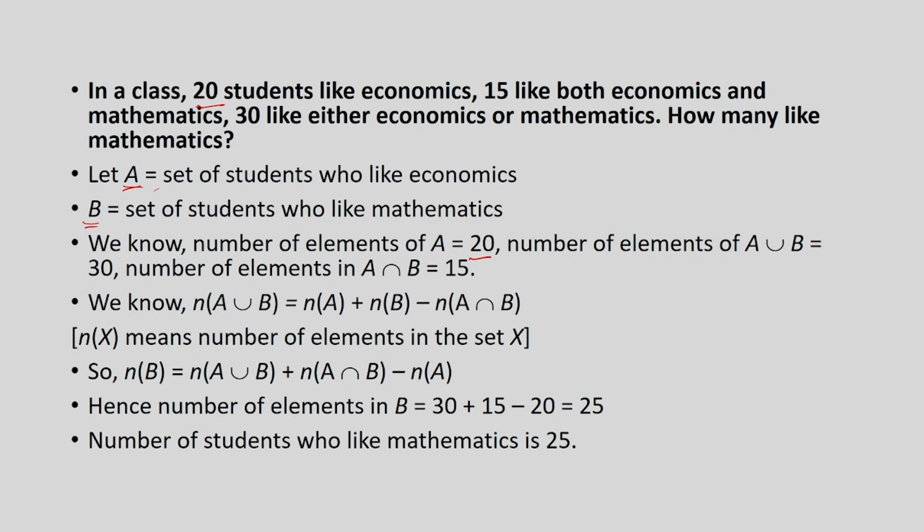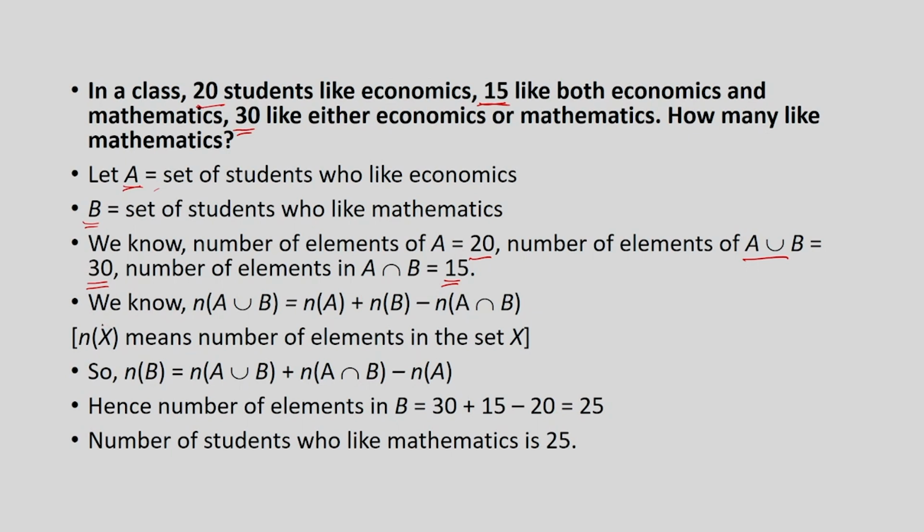The number of elements in A union B, that is the students who like either economics or mathematics, is given by 30. And the number of elements in A intersection B, that is the students who like both economics and mathematics, is 15. Okay.